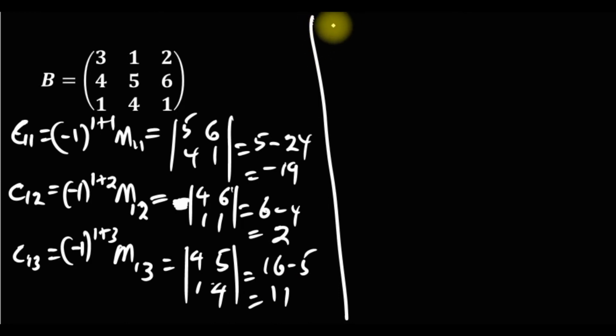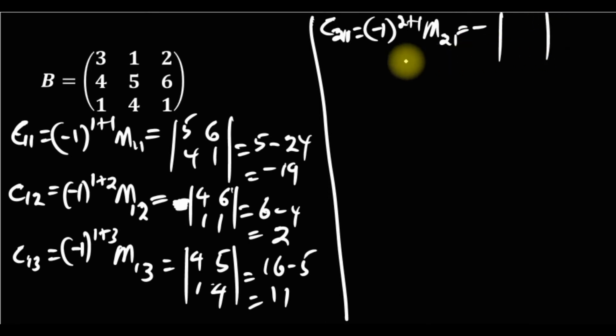For the second row, C21 is minus 1 to the power 2 plus 1, M21. So we have minus.